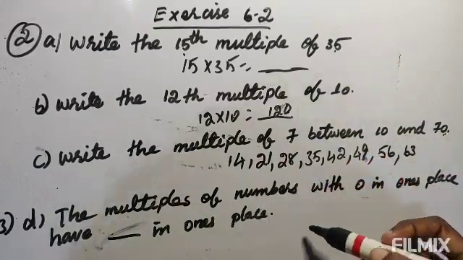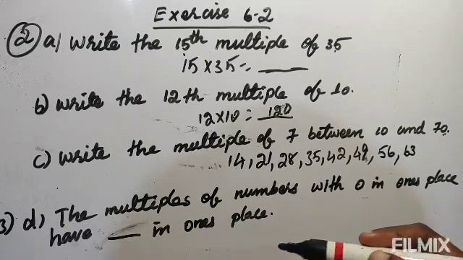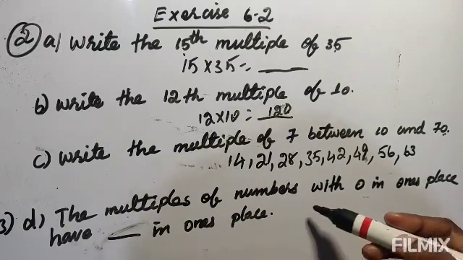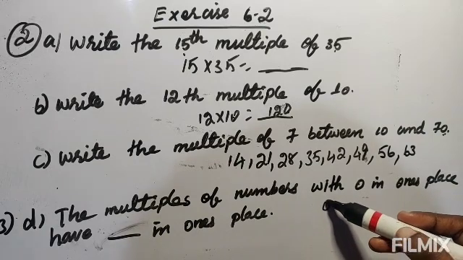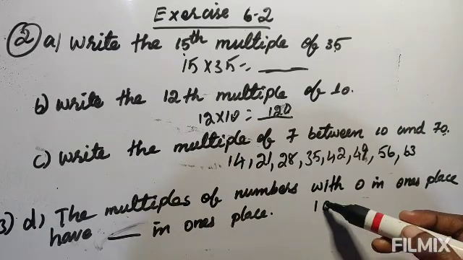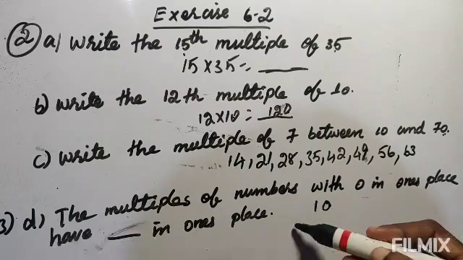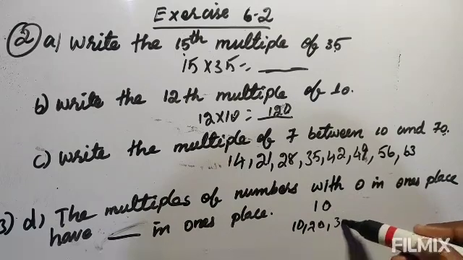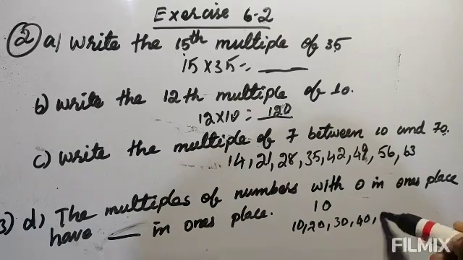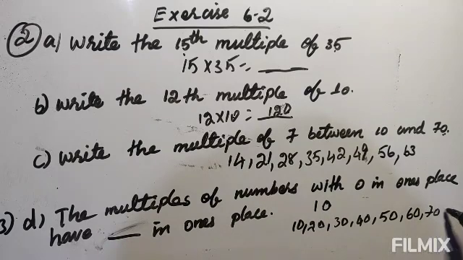Again: the multiples of numbers with 0 in one's place have dash in one's place. I am taking 10, so that will be easy for you. Multiples of 10 will be: 10 ones are 10, 10 twos are 20, 10 threes are 30, 10 fours are 40, 10 fives are 50, 10 sixes are 60, 70, and it will go on like that.